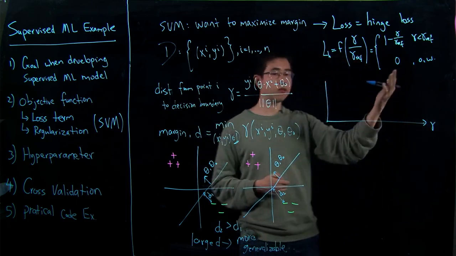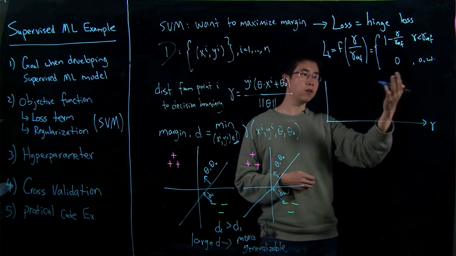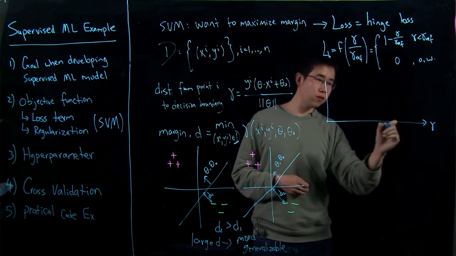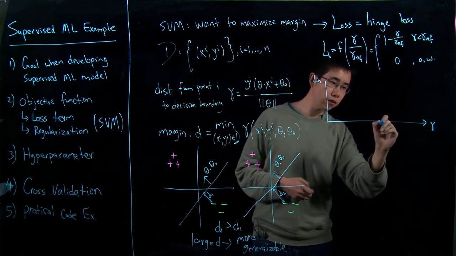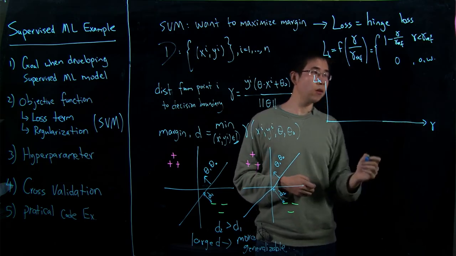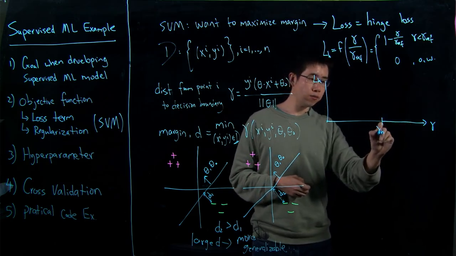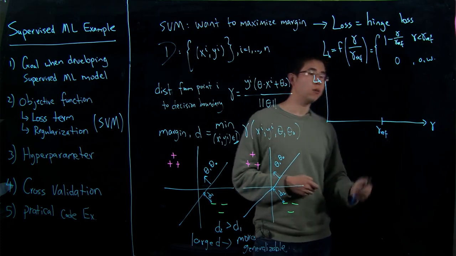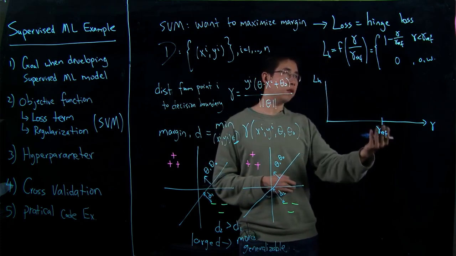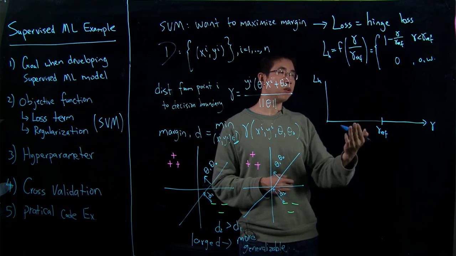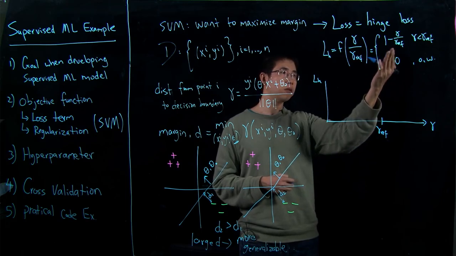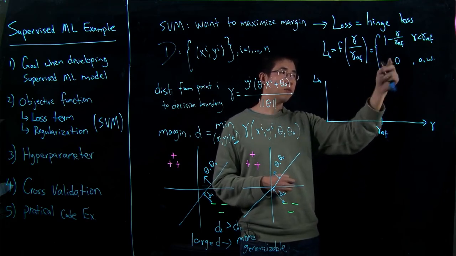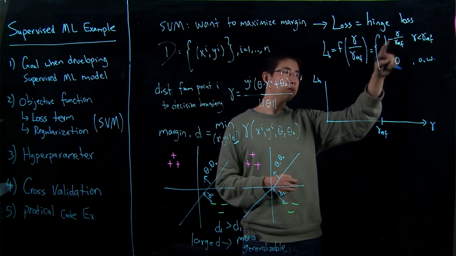So if gamma is greater than gamma ref, then we're in the second condition here, and the loss is just 0. So this is hinge loss on this axis, and 0. And here's gamma ref. When gamma is less than gamma ref, but greater than 0, then the hinge loss is somewhere between 0 and 1, because when gamma is equal to gamma ref, this is 0.